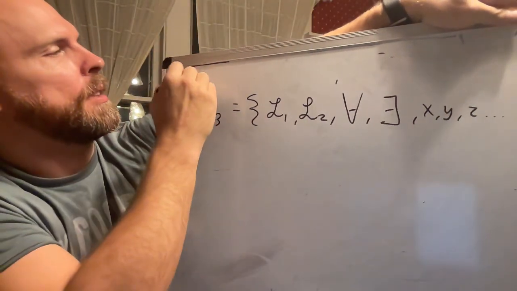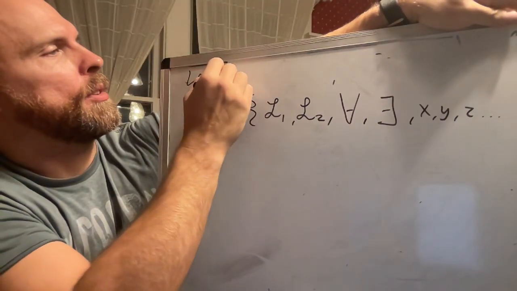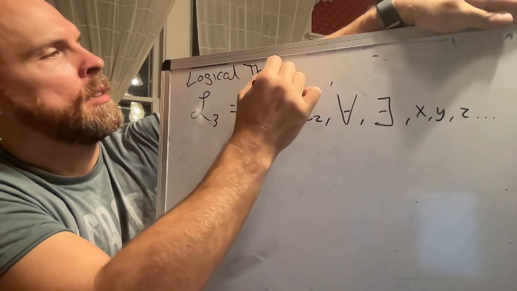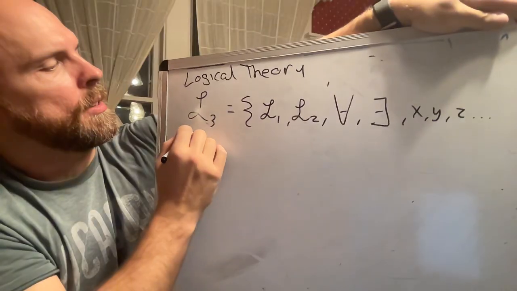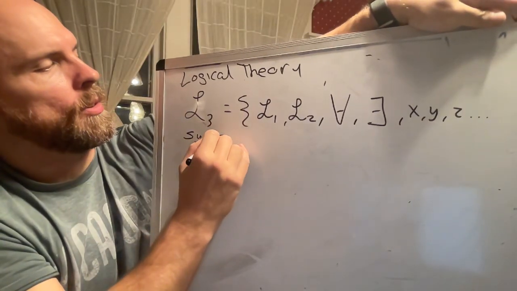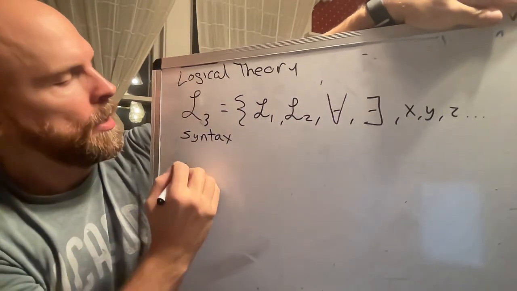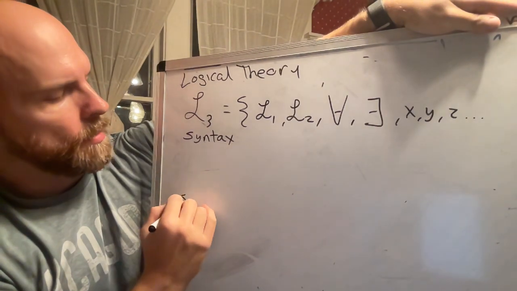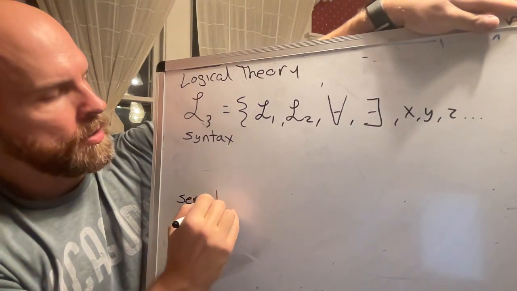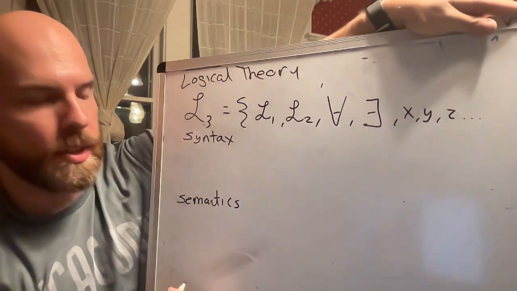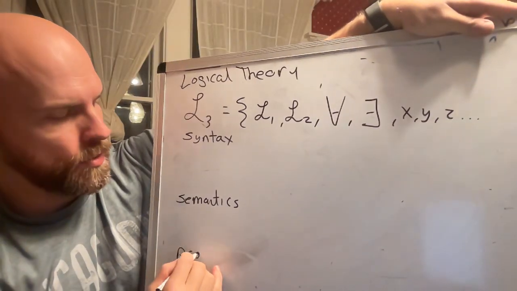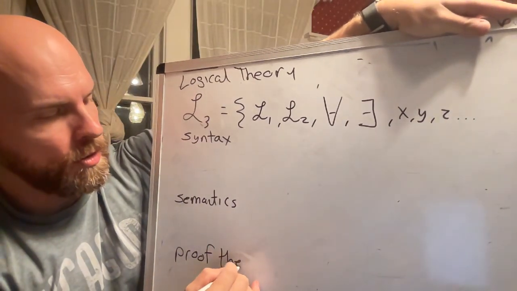Now, as with every logical theory, we'll have the syntax, which is what I just described for L3. We'll also have the semantics, and then we'll have a proof theory associated with it.